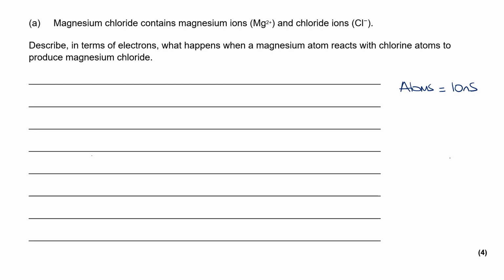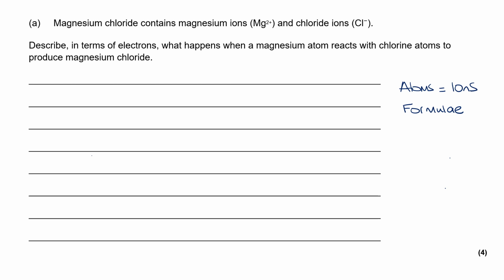And then once you've stated how you've arrived at the charges on the ions, you would then need to explain how that dictates the formula of the compound. And of course, that's how the ions need to balance to cancel out the difference in charge to make a neutral molecule.